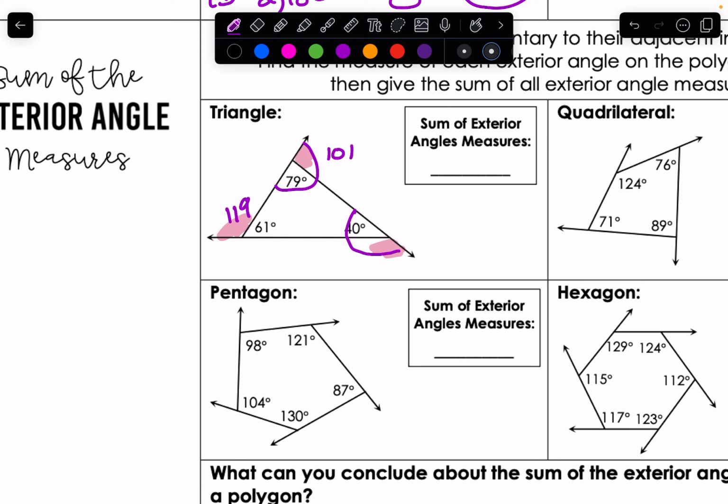And then 180 minus 40 gives me 140. Now, if I add up these three, we get a total of 360 degrees.